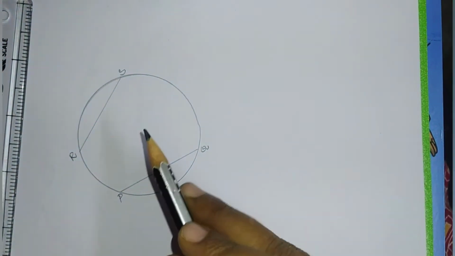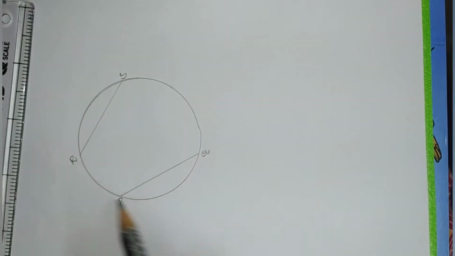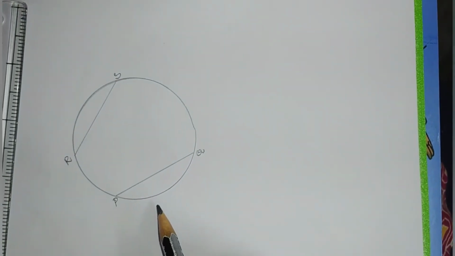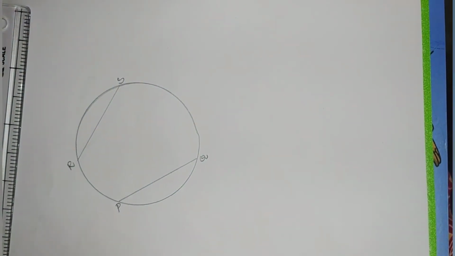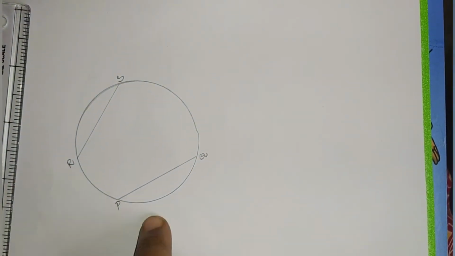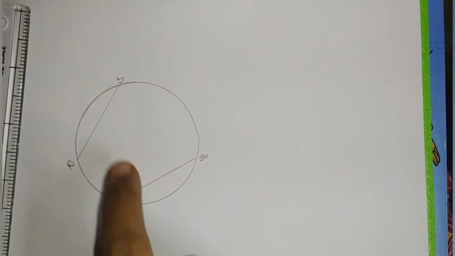If we draw a circle using a compass, we will know which one is the center. But I have drawn a circle with the help of a bangle, so I don't know the center.